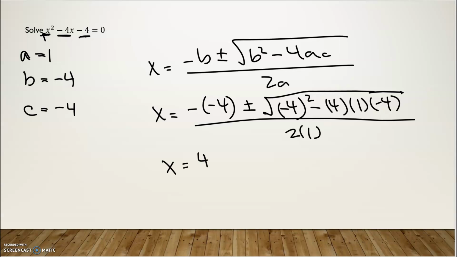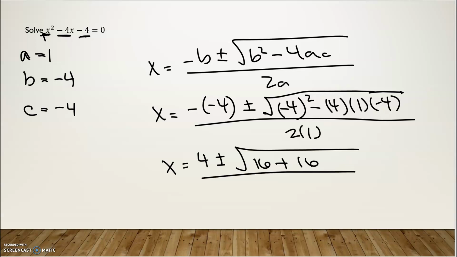So this will be a 4 plus or minus, that'll be 16. I got a negative and another negative, so this will be positive 16, all over 2. So this will be x is 4 plus or minus the square root of 32 over 2.